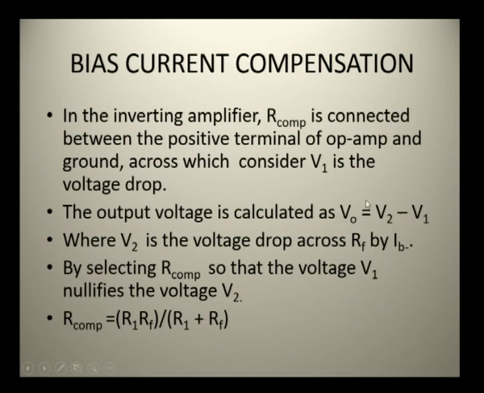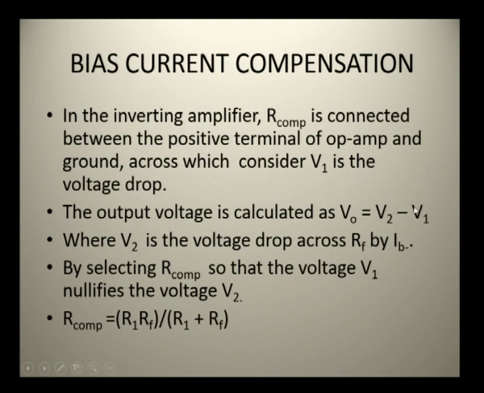So in the circuit of the inverting amplifier, if we give the input signal 0, we have to get the output signal 0. So in that case, V0 is equal to V2 minus V1. It is based upon the KVL we have applied for the circuit. And what is this V2? V2 is the output voltage across the resistance RF due to the IB minus current. And what is this V1?